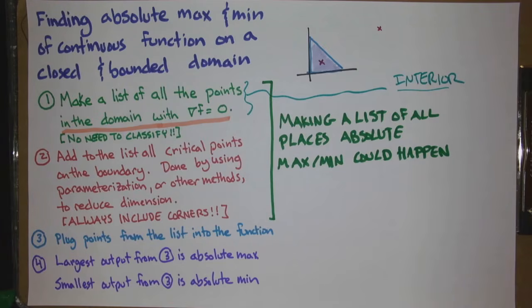So the last 2 parts are, say, plug each one of those points into the function, and we see what the values are, and then we say, let's look at the outputs. The largest output, absolute max, and the smallest output, absolute min. And we're done. That's the process. So intuitively, it's not too bad. Just remember the song. You're making a list, and you're going to check it twice.